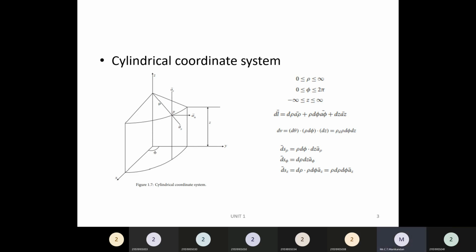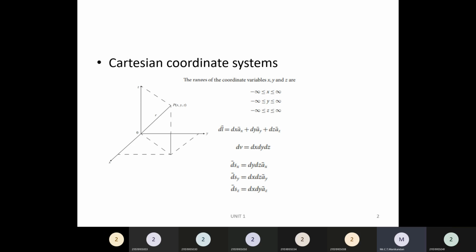Once you remember dl properly, you can write dv and ds. I have given the clue in the Cartesian coordinate system on how to write dv and ds. Once you know dl, you can easily write dv and ds.